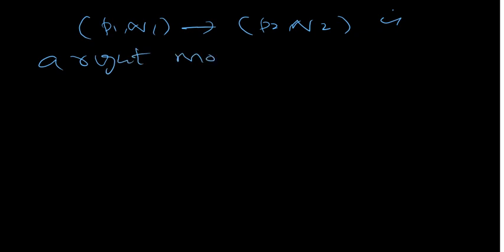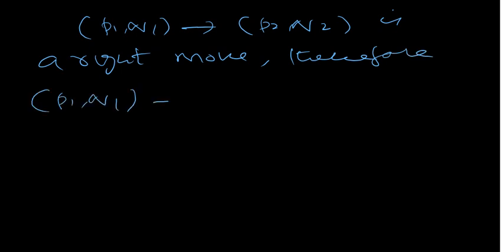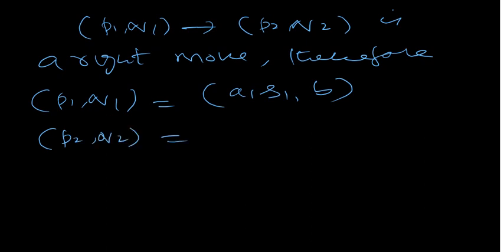Since it is a right move, P1 Q1 is equal to A1 S1, and Q1 is actually B. P2 Q2 is obtained from this pair by moving this S1 from left to right. So P2 must be equal to A1, and Q2 is equal to S1 B. So the first move is the right move.